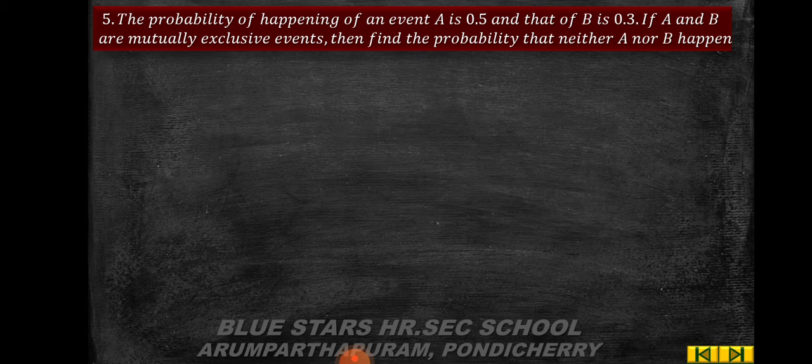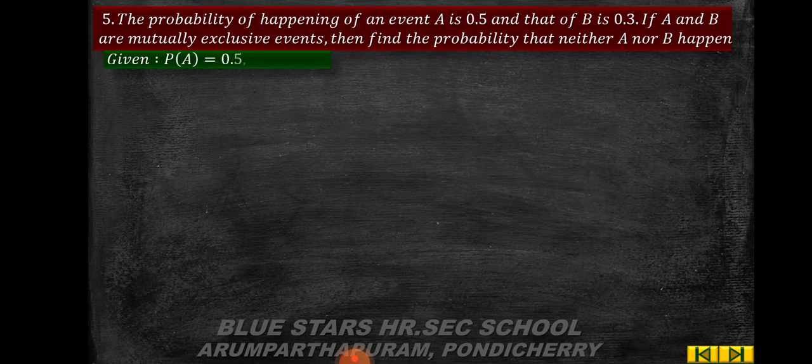Problem number 5. The probability of happening of an event A is 0.5 and that of B is 0.3. If A and B are mutually exclusive events, then find the probability that neither A nor B happen.